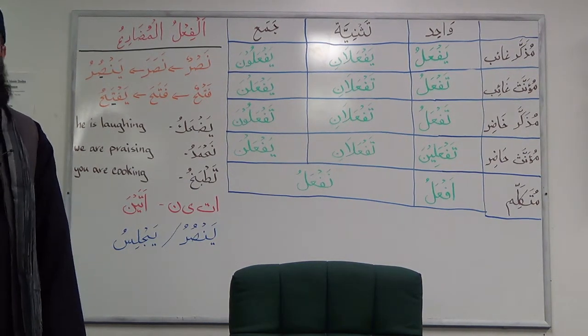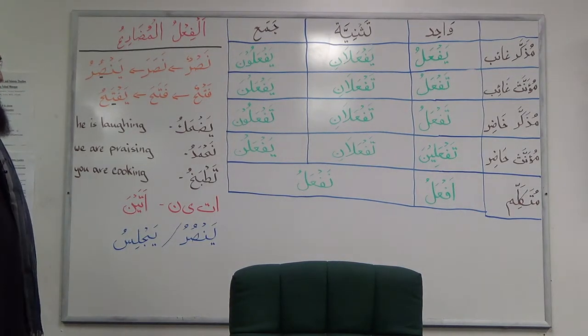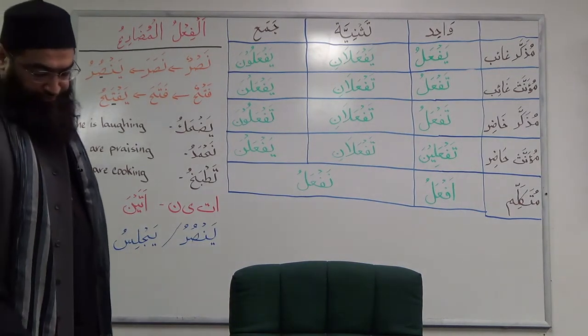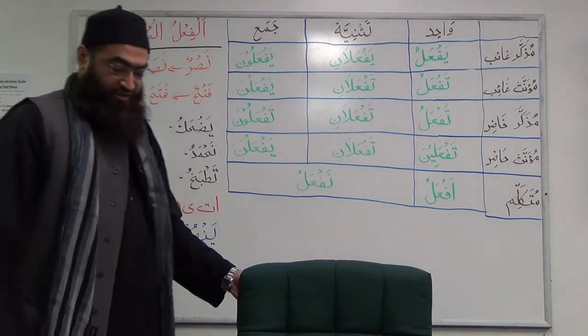In the pages that I've given you, we're going to see many of those words, and it's going to become easier, inshallah. Alright, so now let's go to the diagram itself.